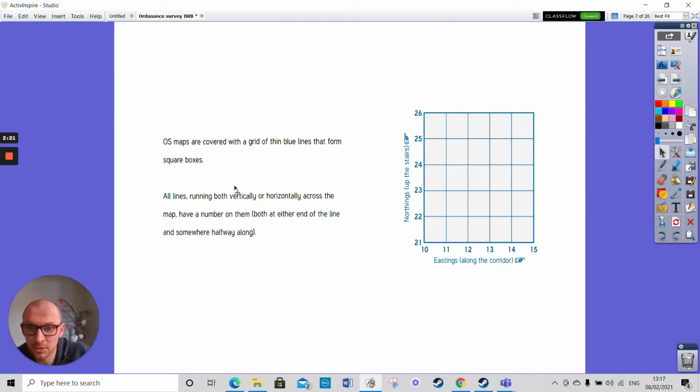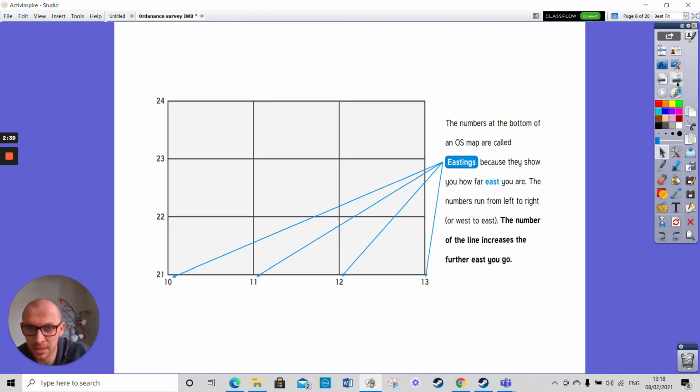All lines running both vertically or horizontally across the map have a number on them, both at either end of the line and somewhere halfway along. We've got northings here and eastings here, which we're going to talk about in more detail in a second.